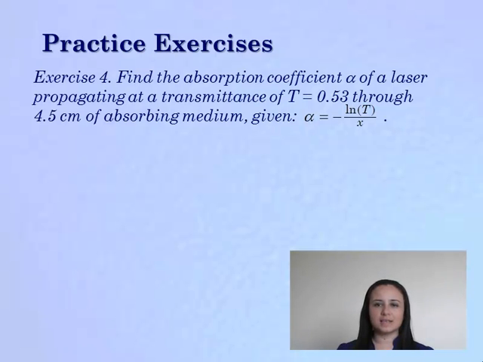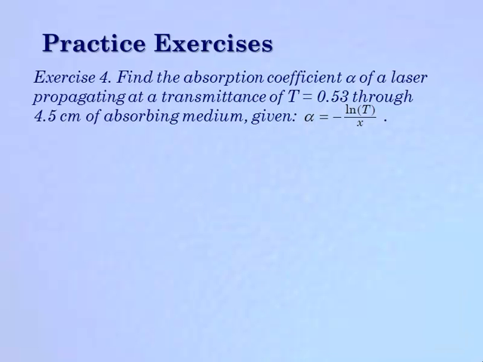Exercise 4 asks us to find the absorption coefficient alpha of a laser propagating at a transmittance of T equal to 0.53 through 4.5 centimeters of absorbing medium. Using this formula, alpha is equal to negative natural log of T divided by x.